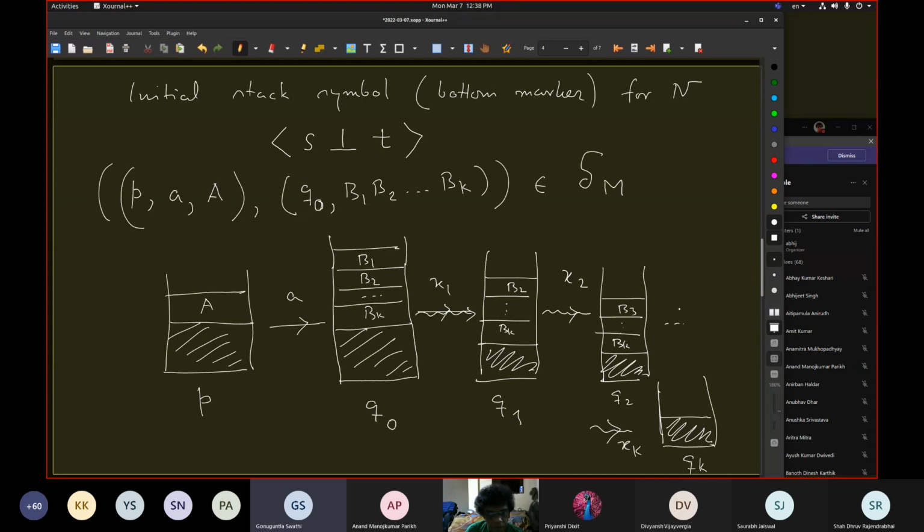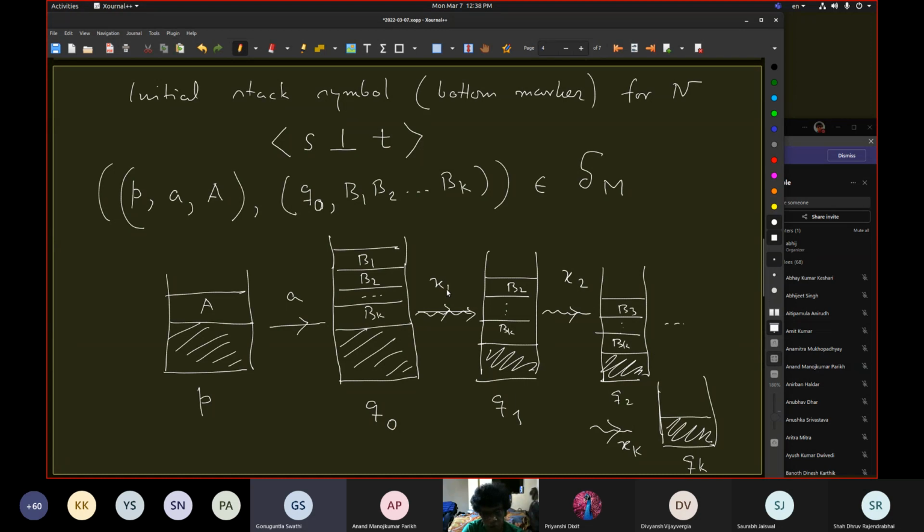So if the original machine M can get rid of this A, and if it has a transition applicable for getting rid of A, then this must be the situation. A is replaced by B1 through Bk. There must come a time when B1 is got rid of, and again a time when B2 is got rid of, and so on.